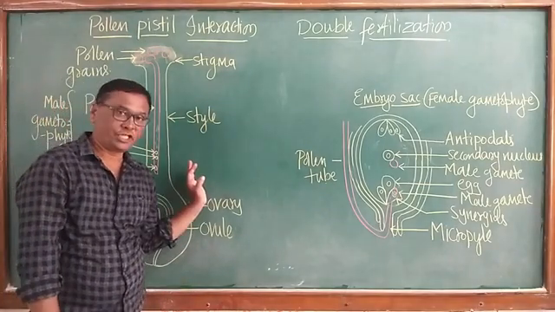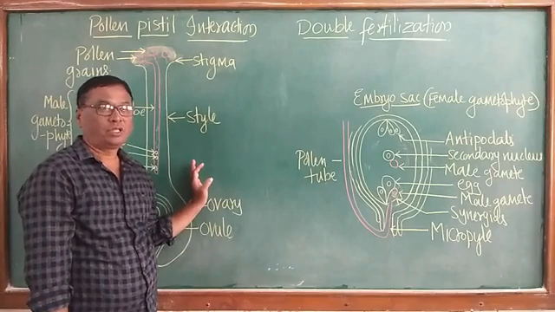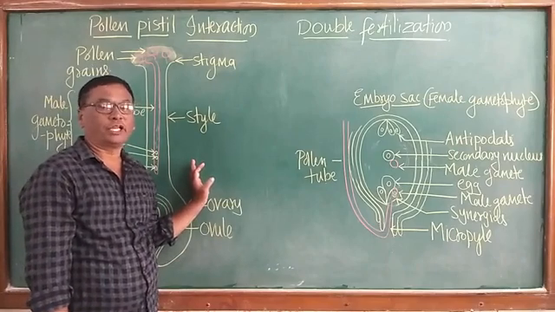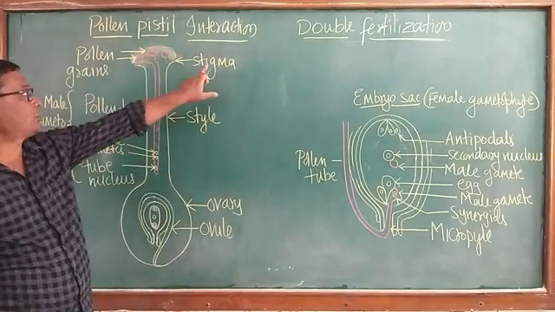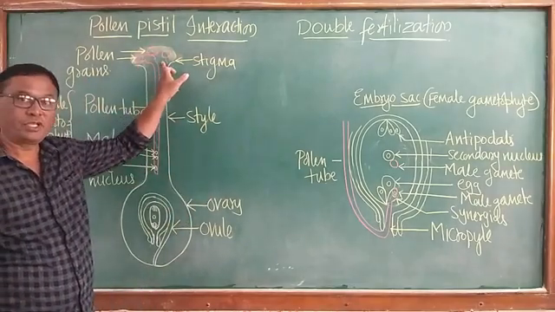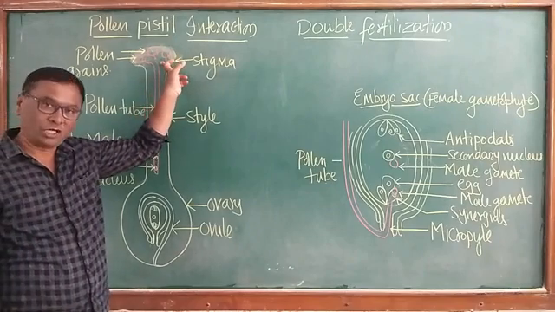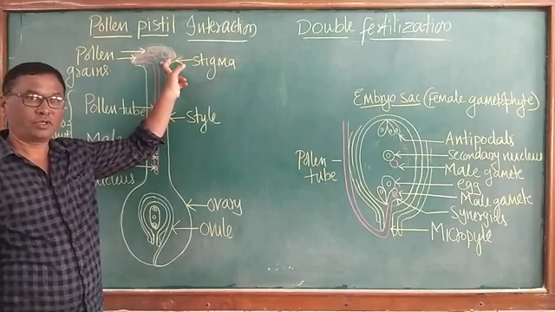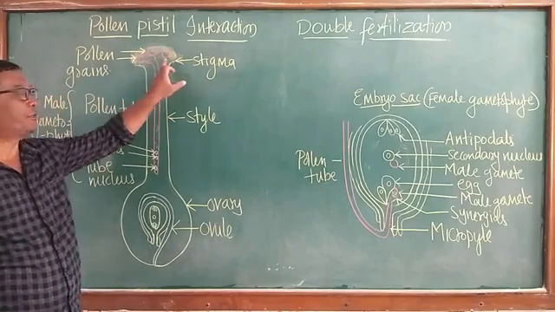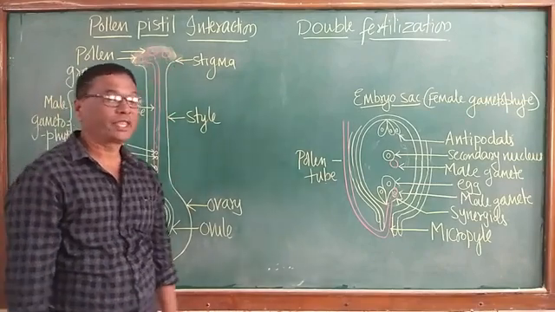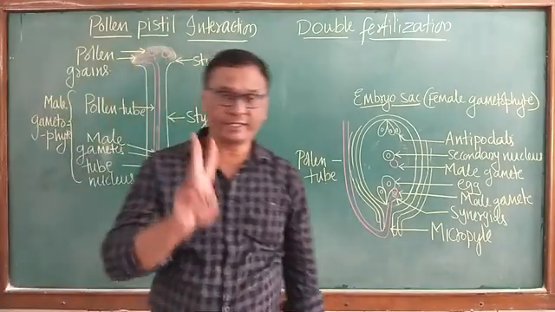What is pollination? The transfer of pollen grains from the anthers on the receptive stigma is called as pollination. The pollen grains are deposited on the stigma at two-celled stage.